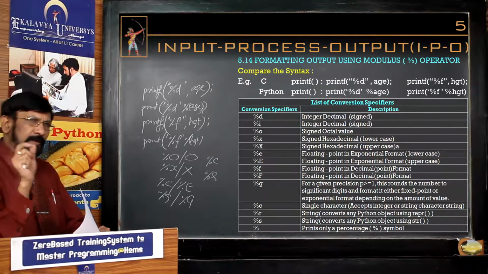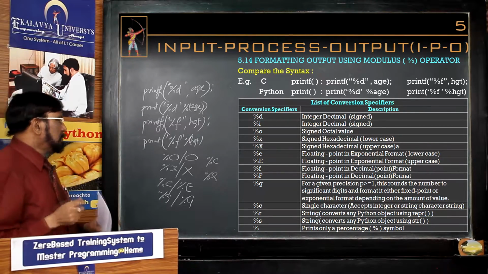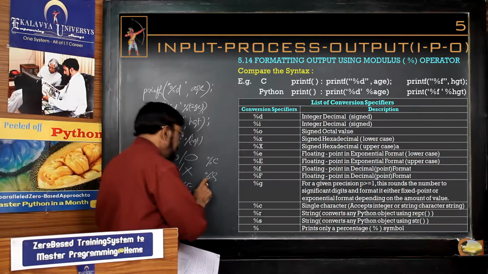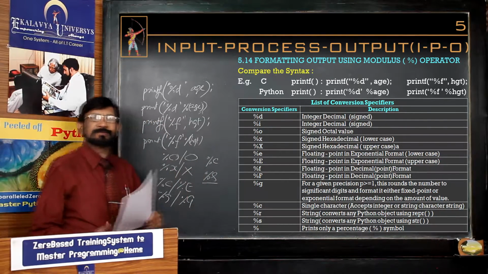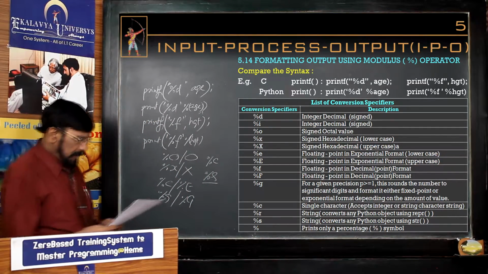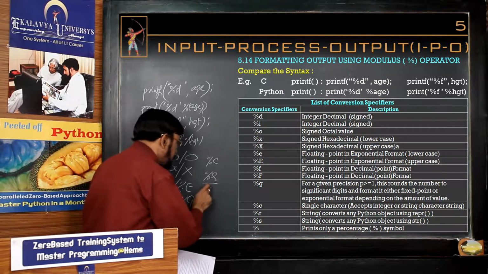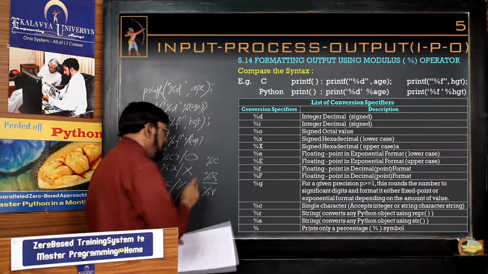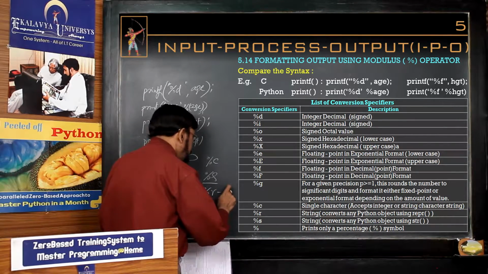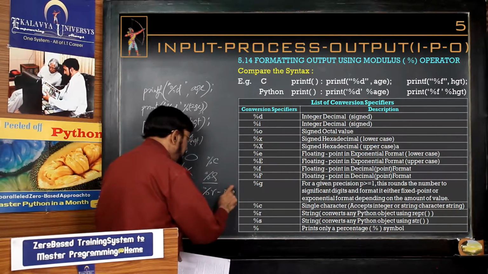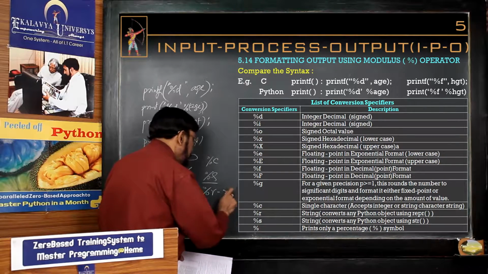Python programs deal only with objects. So, those objects are to be converted into string format, then we use %s, and %r is another one, for repr.